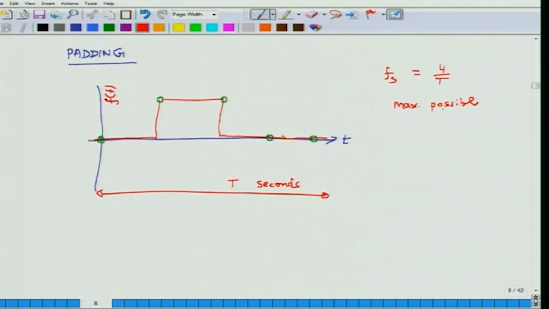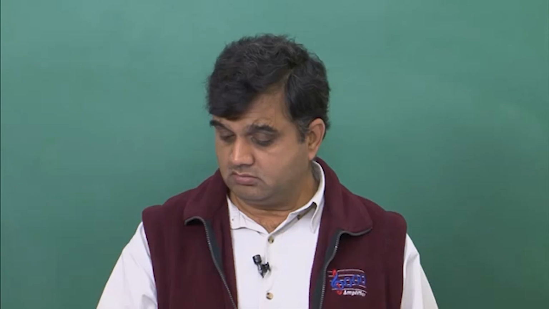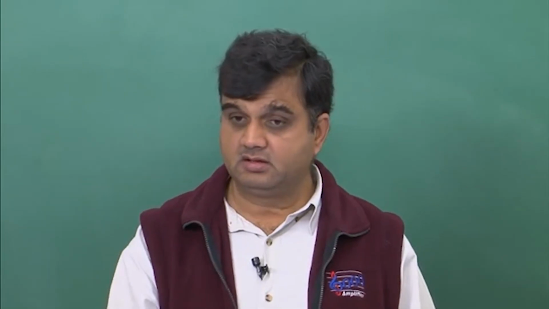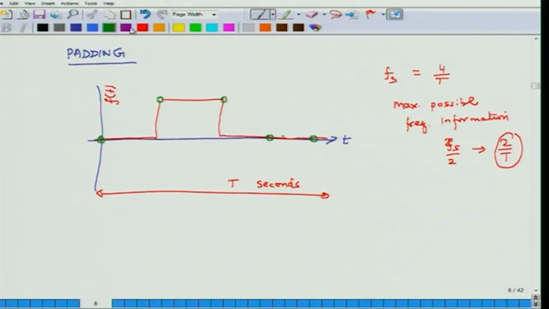The maximal possible frequency information will not be 2, it will be Fs over 2, that is 2 over T, right? Suppose I want more points, suppose I want more information on frequency, suppose I want this number to be very high, then what do I do? I put more points. So that is called padding.